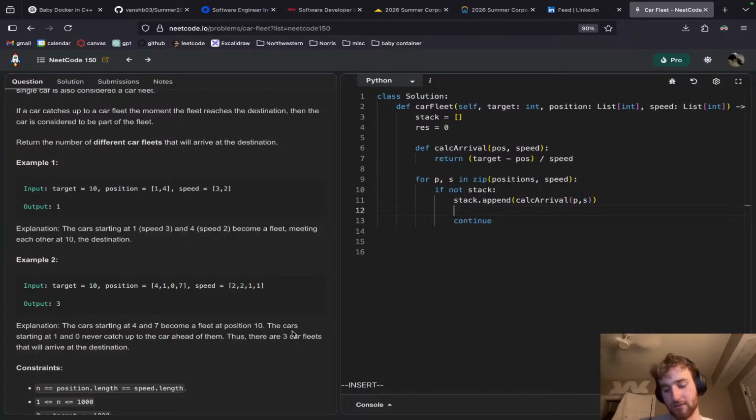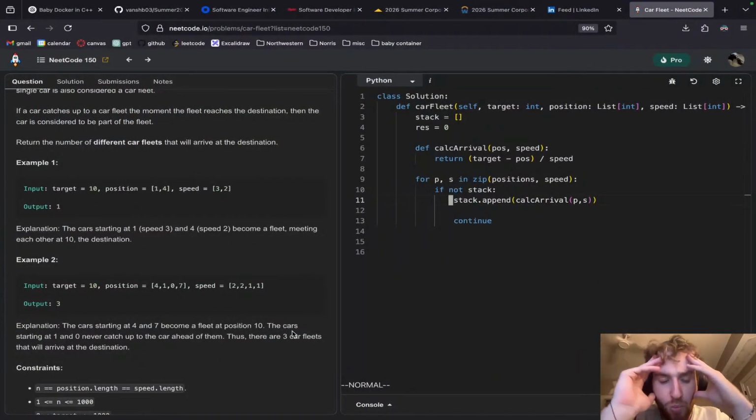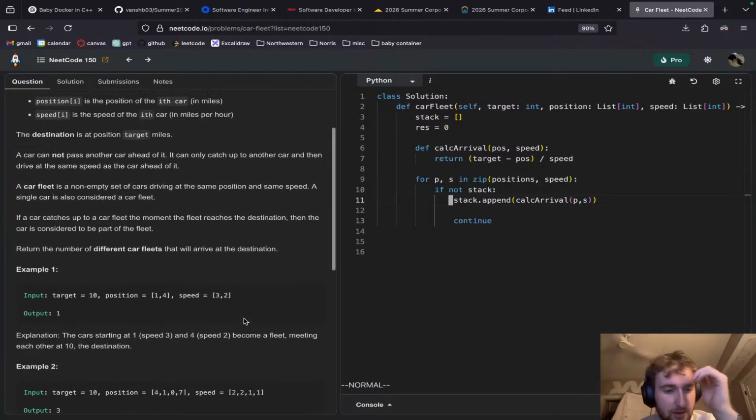I guess one can start at a later position. I'm just trying to think, because we could have a car fleet and then spawn a car ahead of one, I think. Because I don't think they're supposed to be in ascending order.